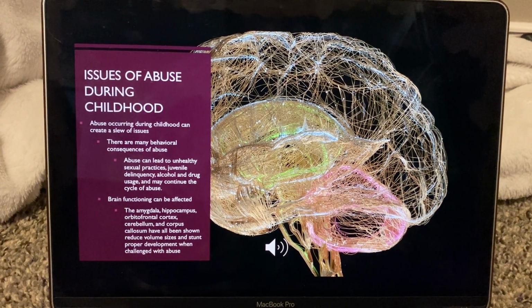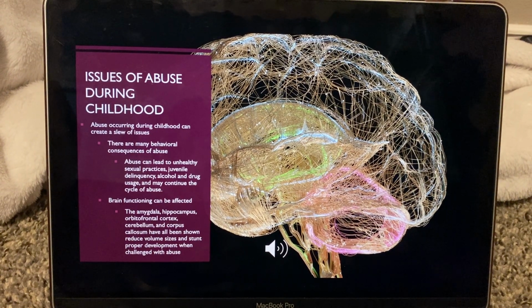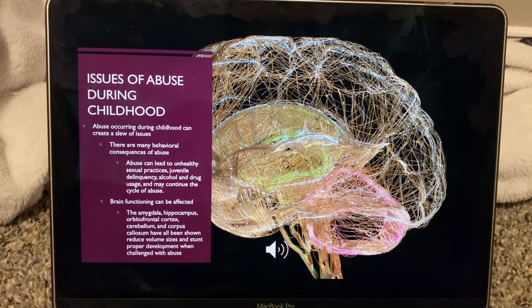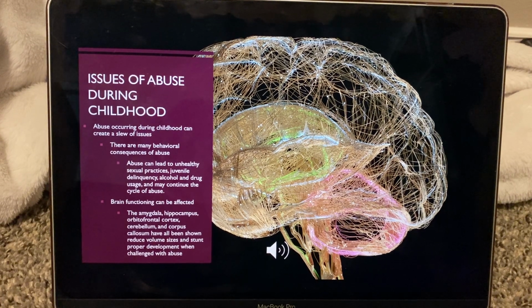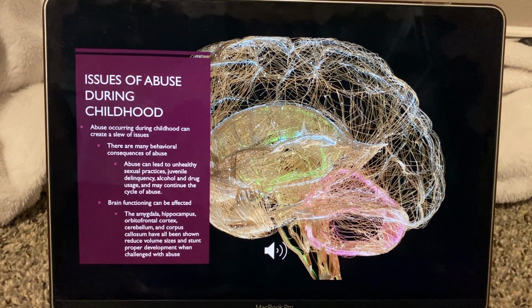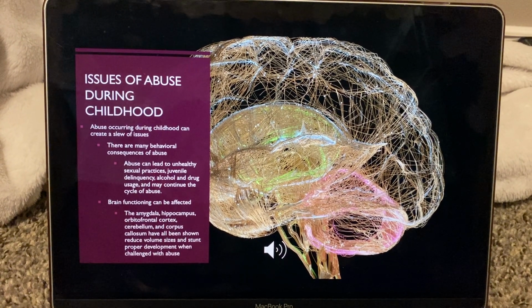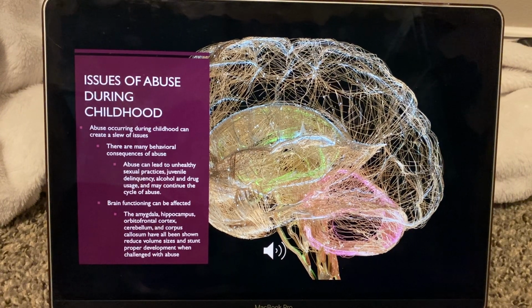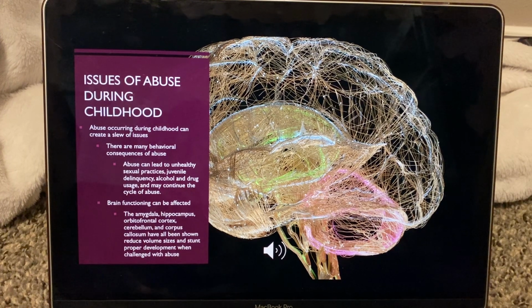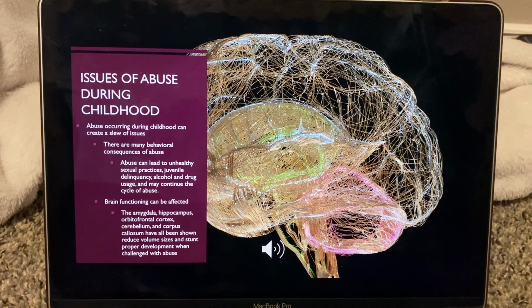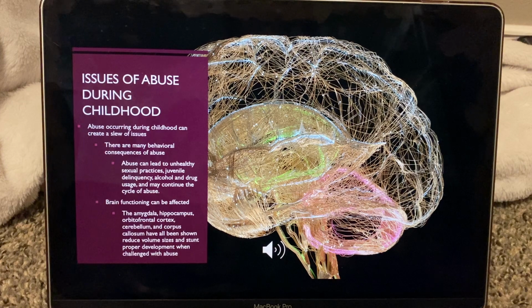Issues of abuse during childhood. Although this age group has a lower chance of fatally being abused, this is still a crucial time for many different cognitive abilities that are still being developed. Abuse occurring during childhood can create numerous issues. There are very many behavioral consequences of abuse, especially during this time period.